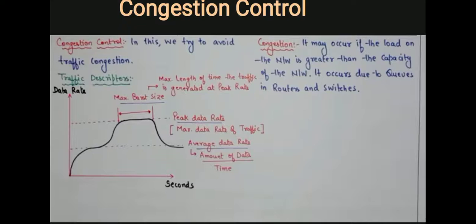The best example is to take a road. If a road has only 2 to 3 vehicles at a time, they will move side by side. For example, if 50 vehicles are moving at a time over the road, it is feasible. But instead of 50, if 300 or 400 vehicles are moving at a time, it creates traffic.